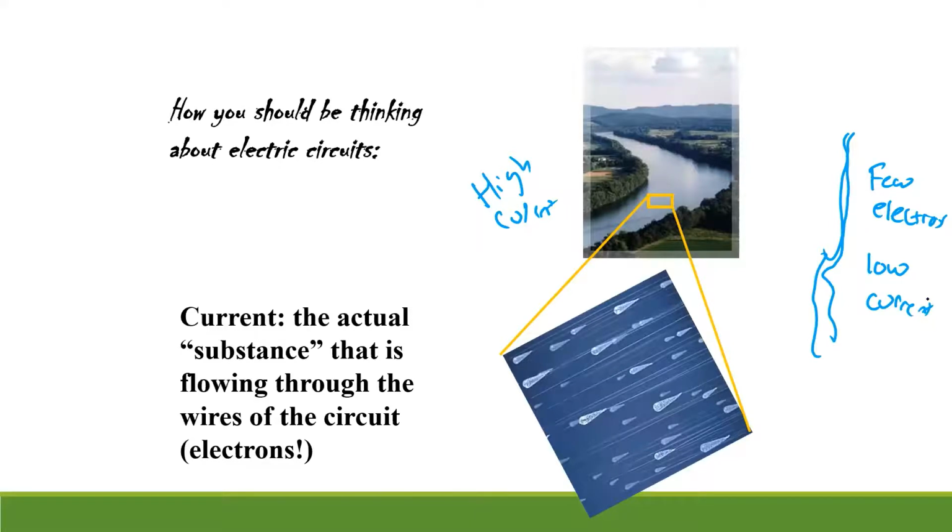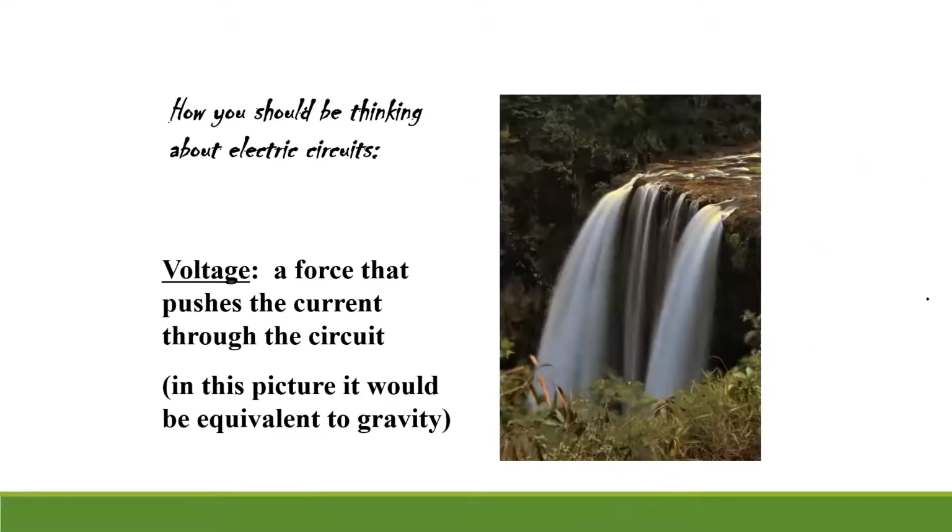Now, voltage is the force that pushes through the circuit, and in this picture it's gravity. That's what's pushing this water down this waterfall and also down this river. Just like in a river, it's gravity that's pushing all that water down.